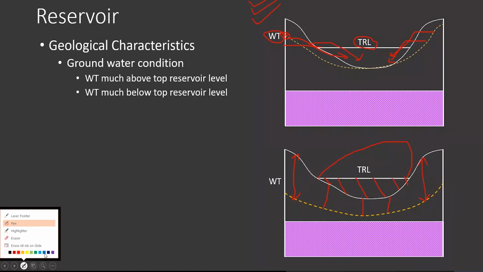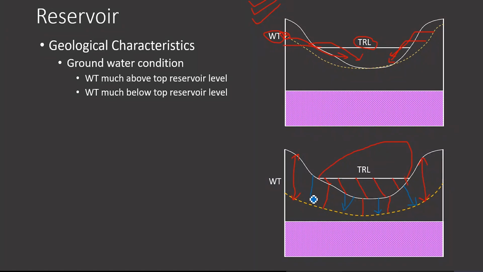As a result, what will happen? The water from the reservoir will start saturating this rock. Imagine it in a three-dimensional way: the entire basin where this water is going to be stored is going to consume the water from the reservoir. So this is a huge amount of loss going into the groundwater.